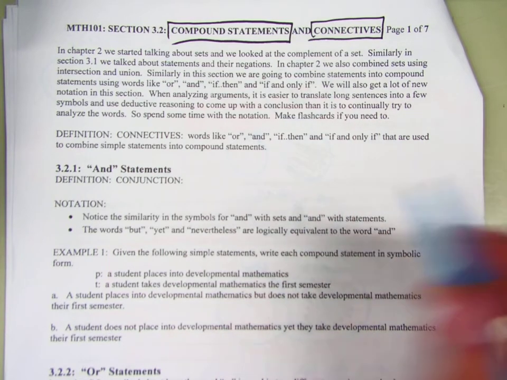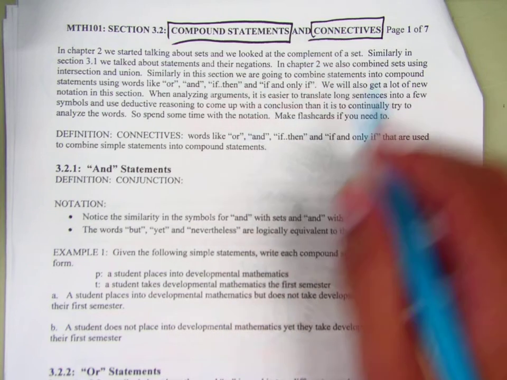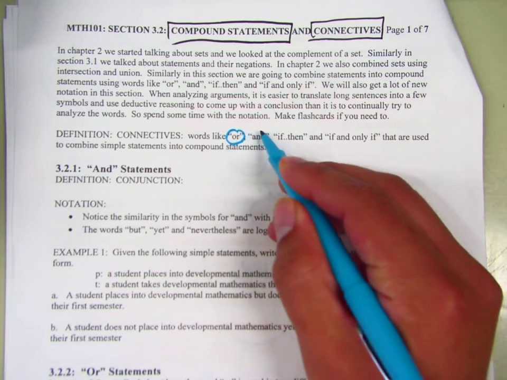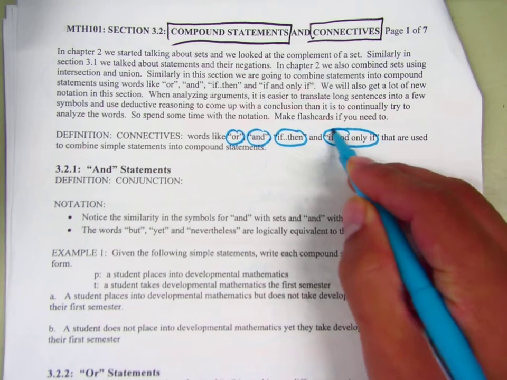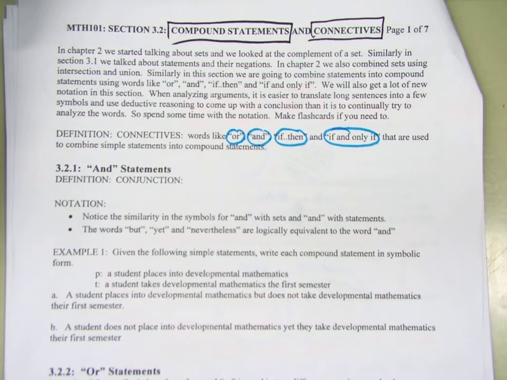There's basically 4 words that would fit into one of these categories: or, and, if then, and if and only if. Okay? So that takes the statements we've been looking at, those really easy ones, like all students pass the exam. That's a statement. Now we're going to combine that and add in something like, and they didn't study at all. So that's 2 statements.